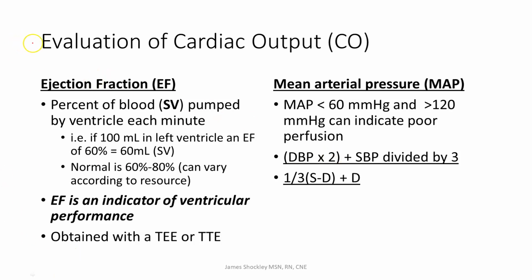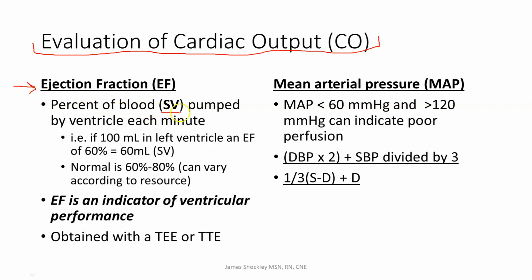So, we know what cardiac output looks like. Now I need to make educated decisions about what is going on with my client who has either decreased cardiac output or an increased cardiac output. So we'll talk about these terms. An ejection fraction is basically another way of saying your stroke volume.